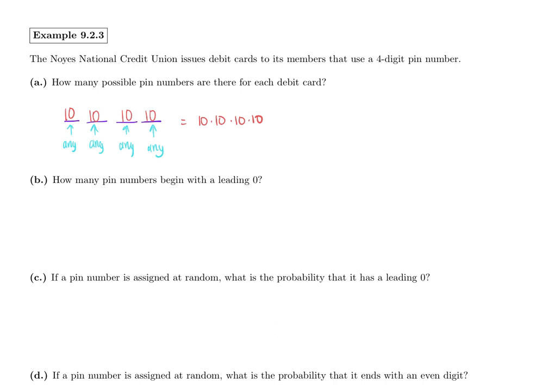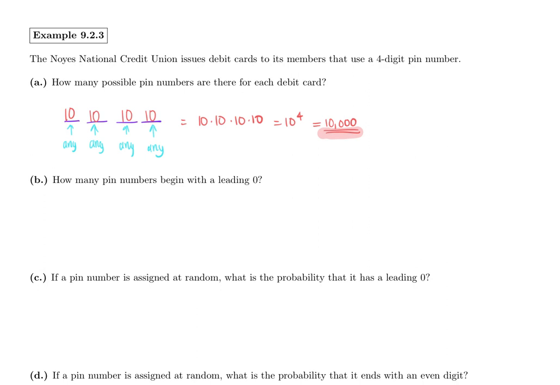And I know we've sort of glossed over this a little bit here, but we remember that or means adding. So here, though, we have 10 times 10 times 10 times 10 because we have to have all of them. It's not, it could be 1 or 2 or 3 or 4 digits. It has to be 4 digits. So you have to pick one for digit 1 and digit 2 and digit 3 and digit 4. So we have 10 to the 4th ways to pick our pin number. So that would be 10,000 different pin numbers to choose from here. It's a lot of pin numbers.